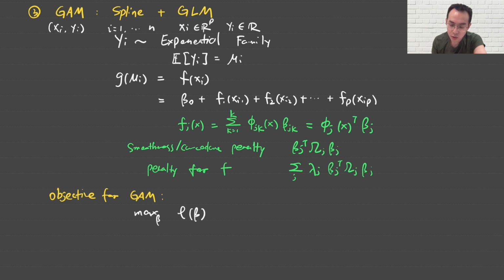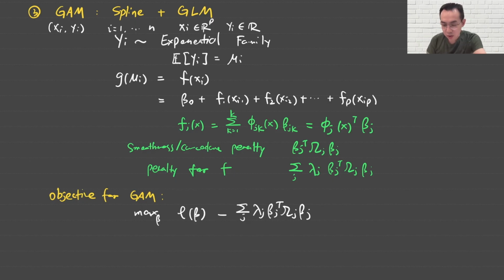So that gives us a log likelihood. Then we also want to penalize it, right? Because we are taking the max, we need to subtract the penalty, as the summation over j of lambda j, beta j transpose omega j, beta j. So that is the objective for the GAM.